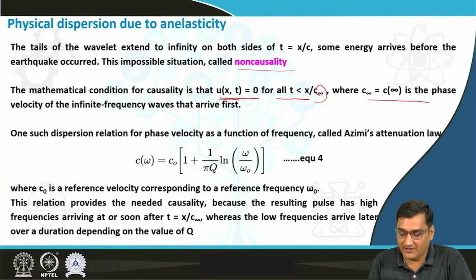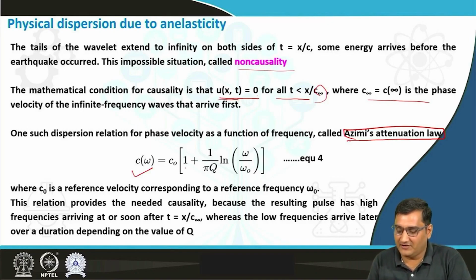that arrive first. So one such dispersion relation for phase velocity as a function of frequency is called Azimi's attenuation law, and it is given by this particular expression, depending upon c naught in bracket 1 plus 1 by pi Q ln omega by omega naught.